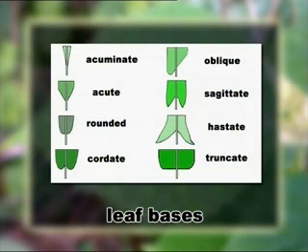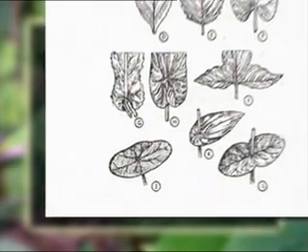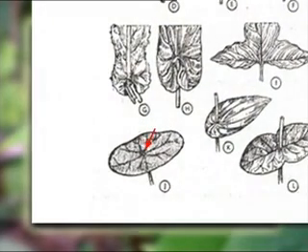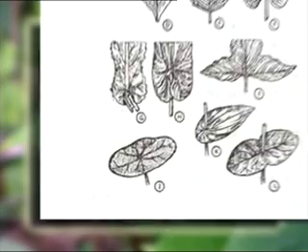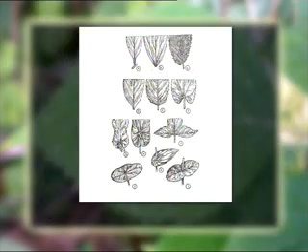Hastate, leaf with a pair of basal lobes spreading gradually outwards. For example, Polygonum auberti. Peltate, leaf with petiole attached near the center on the ventral surface of orbicular lamina. For example, Nilambo or Garden nasturtium, etc.